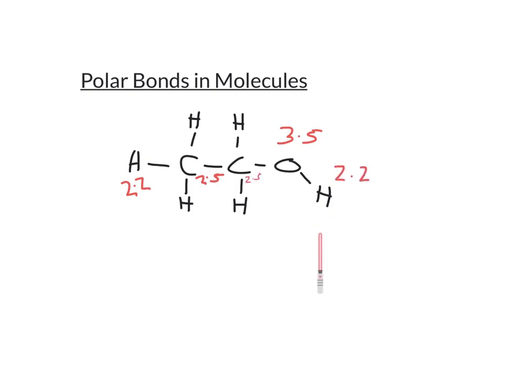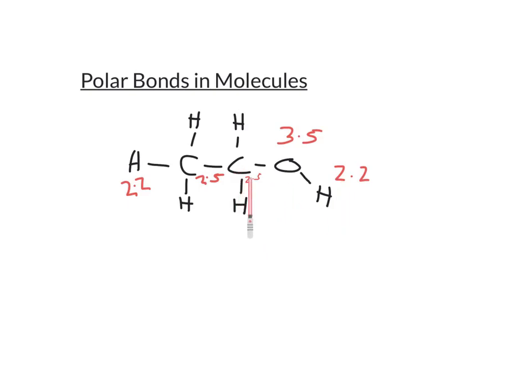At a higher level, we look at the most significant polar bond in a molecule. We can look at the different polarities and say, okay, between hydrogen and carbon there's a 0.3 difference, but that's not overly significant, not compared to the difference of 1.3 that we have between oxygen and hydrogen.